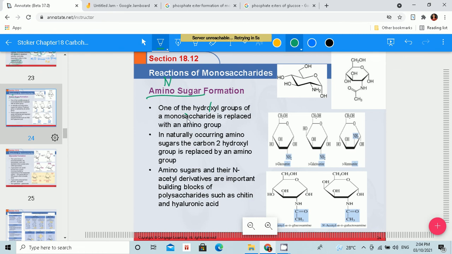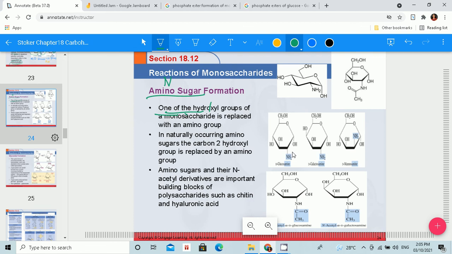So one of the hydroxyl groups of monosaccharides is replaced with an amino group. So we have OH, the OH, the OH, and even here it's OH in glucose or monosaccharide. But because our monosaccharides have reactions, one of them is the amino sugar formation.